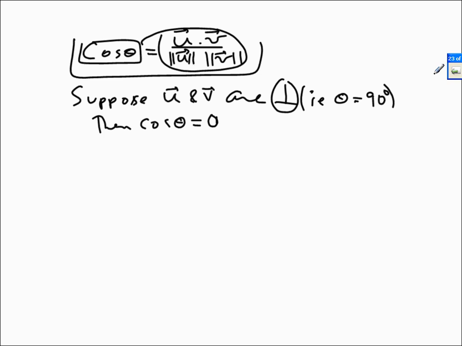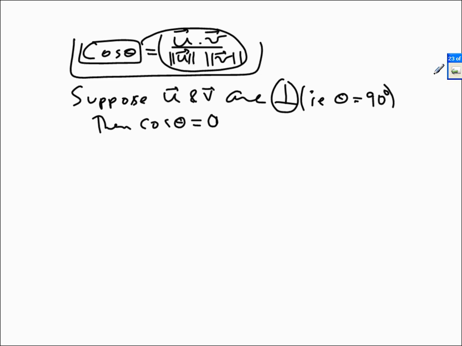Because how can you say what the angle between two vectors is if one of them is 0? So it's understood that when we say, suppose u and v are perpendicular, that means neither the length of u equals 0, nor the length of v equals 0.